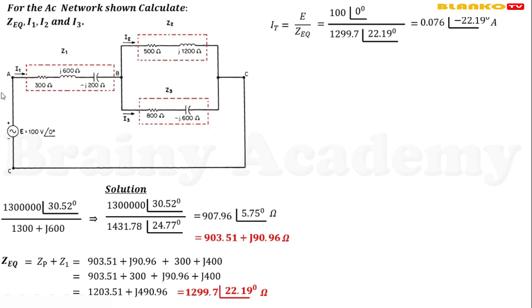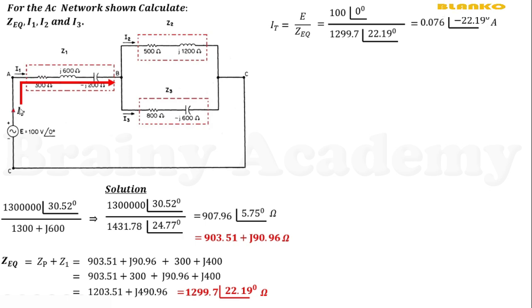On the diagram, our total current will be at this point. We can see that the total current flows through Z1 directly. So it means the total current is the same as I1, because I1 also flows through Z1.